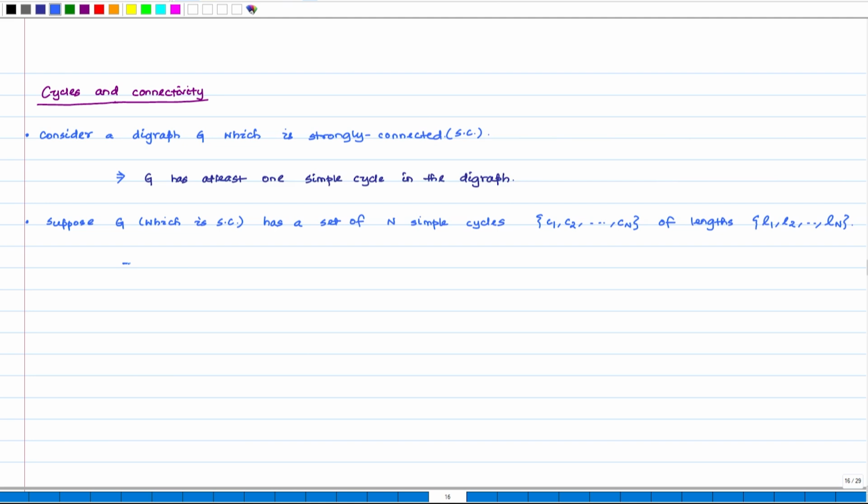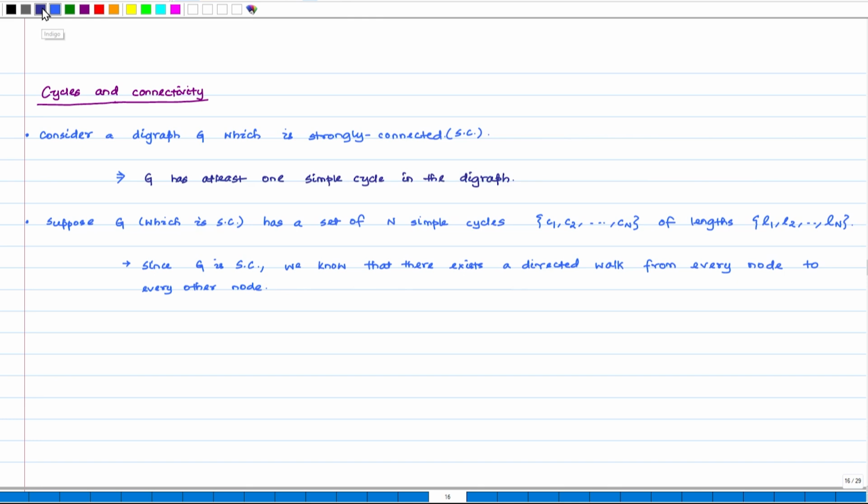Now, since G is strongly connected, we know that there exists a directed walk from every node to every other node.